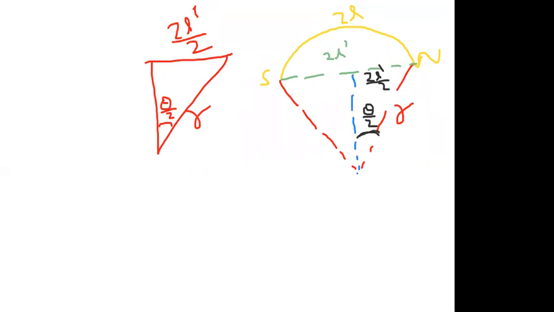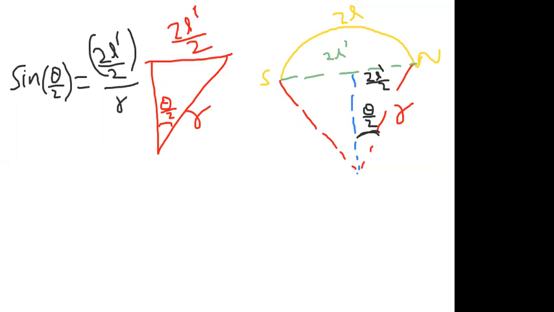From that information, I can write sine theta by 2 is nothing but opposite by hypotenuse. Opposite is 2L dash by 2, hypotenuse is R. So I can write sine theta by 2 equals 2L dash by 2 by R. From here, what is the value of R?